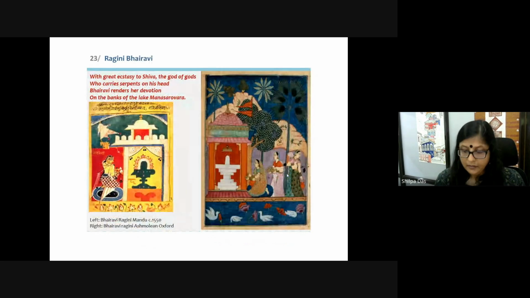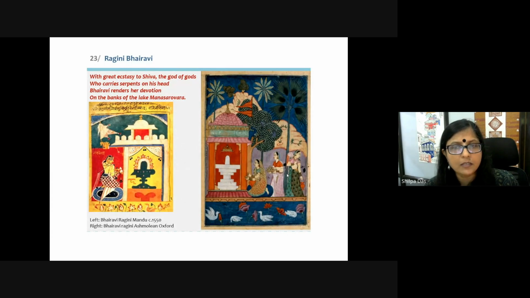So that was Ragini Todi. This is Ragini Bhairavi. Ragini Bhairavi is shown to be a very austere woman, a devotee of Shiva, because you can see that the shrine has a Shivalingam. She's always visualized as very austere. The mood associated with this Ragini is one of meditation and devotion.